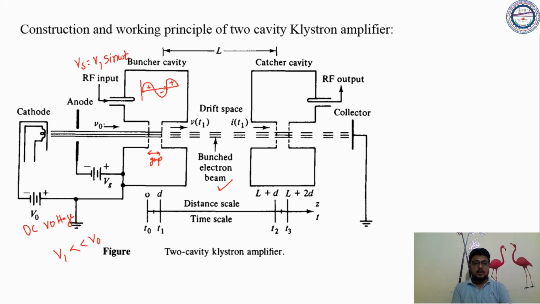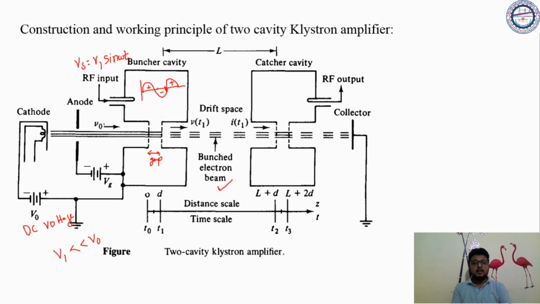The electron which comes at zero signal voltage or zero gap voltage will neither accelerate nor decelerate. It will go with the uniform velocity it already has. The electron which comes in the positive half cycle will accelerate because it will gain some energy from this weak signal.